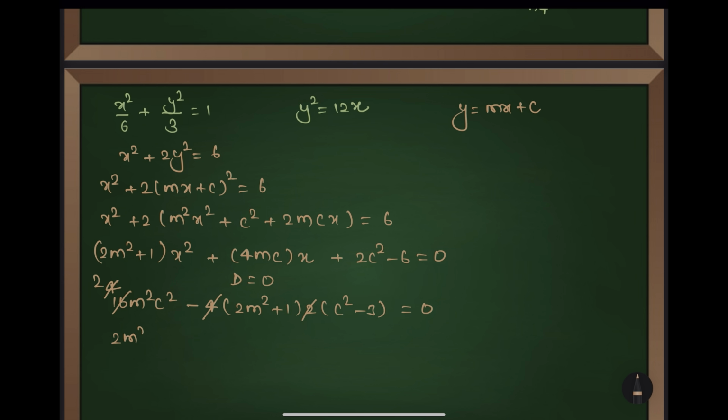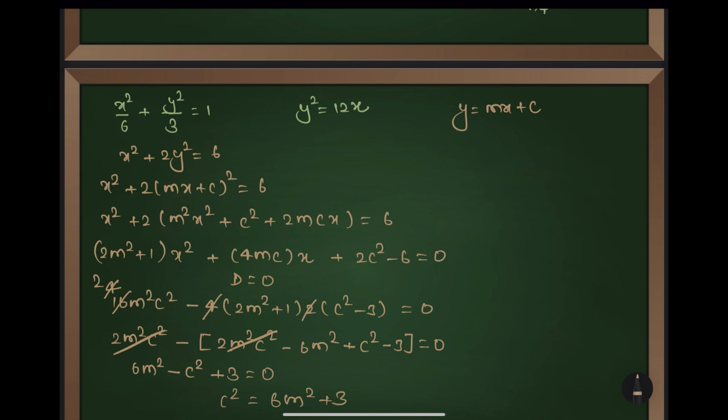Then 2m square c square cancels, and we are left with 6m square minus c square plus 3 equals 0. So we got c square as 6m square plus 3. We got one equation.